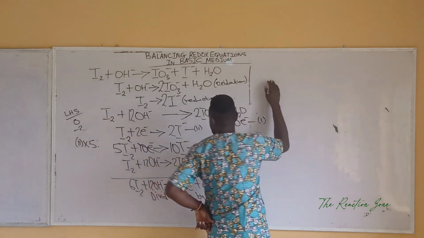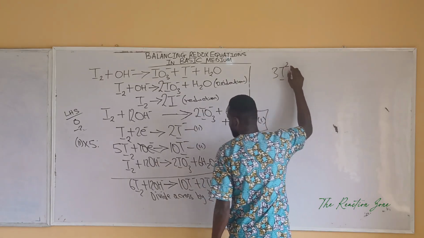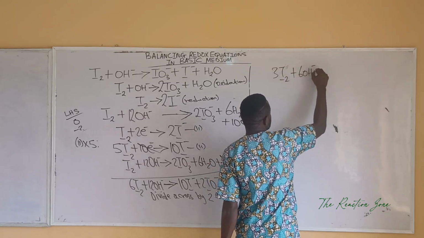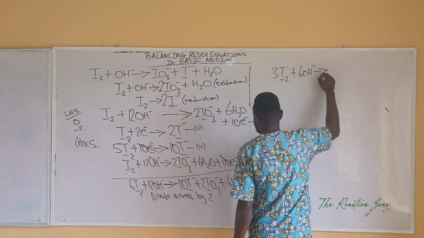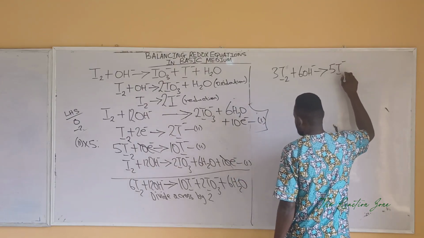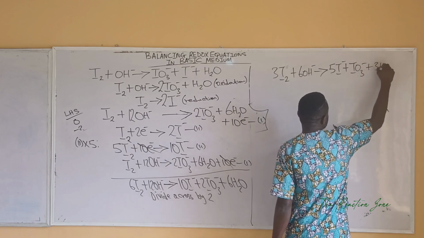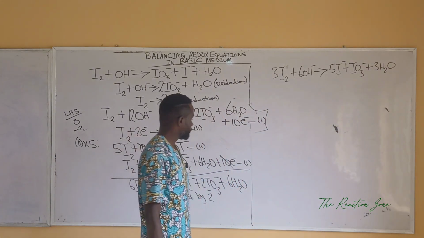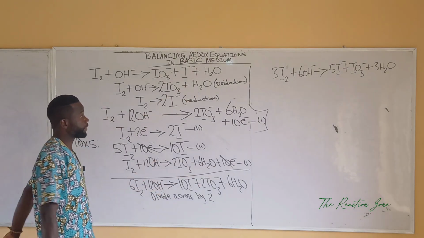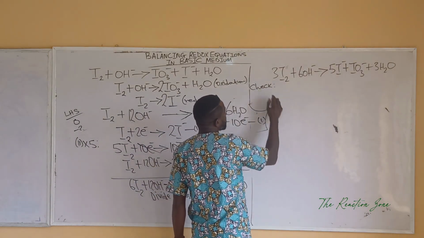When I do this, the balanced equation here will become 3I2 plus 6OH minus gives 10 divided by 2 is 5I minus plus IO3 minus plus 3H2O. So when you divide across by 2, since 2 is common to their molar coefficients, you get that, and that's the final answer. So let us check if this answer of ours is correct.